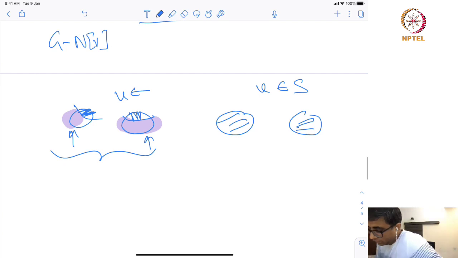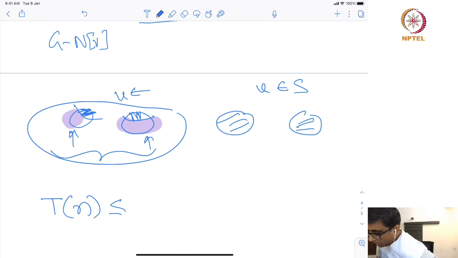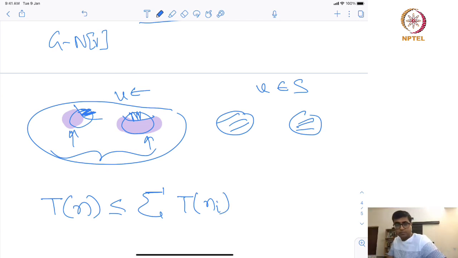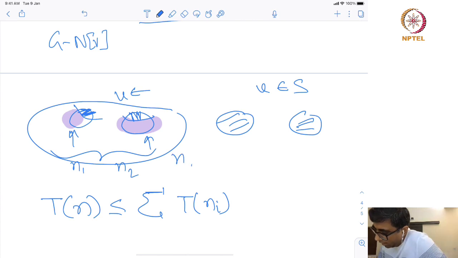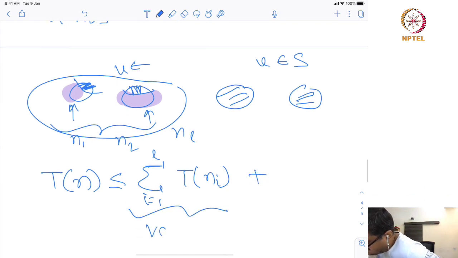So the running time of this algorithm is going to be T of n. I can write it down as a summation of T of ni, where it leads to several components of sizes n1, n2, up to nl, with i going from 1 to l. This is when V belongs to the solution.